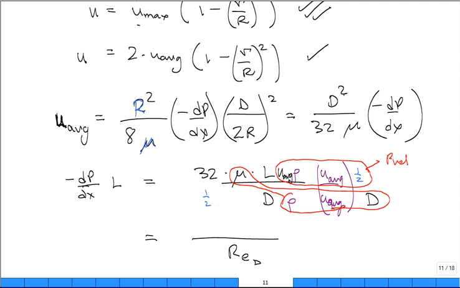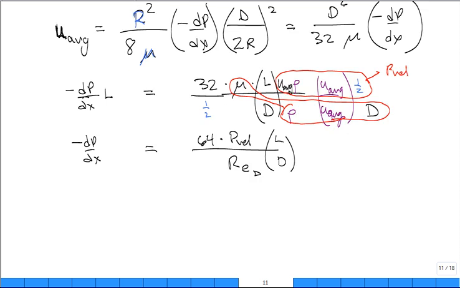So it's equal to 64 L. I'm sorry, get rid of that L. Just get rid of the L's. Velocity pressure. All right, minus dp dx. No, I need that L. I'm sorry. And then L over D. L over D right there.